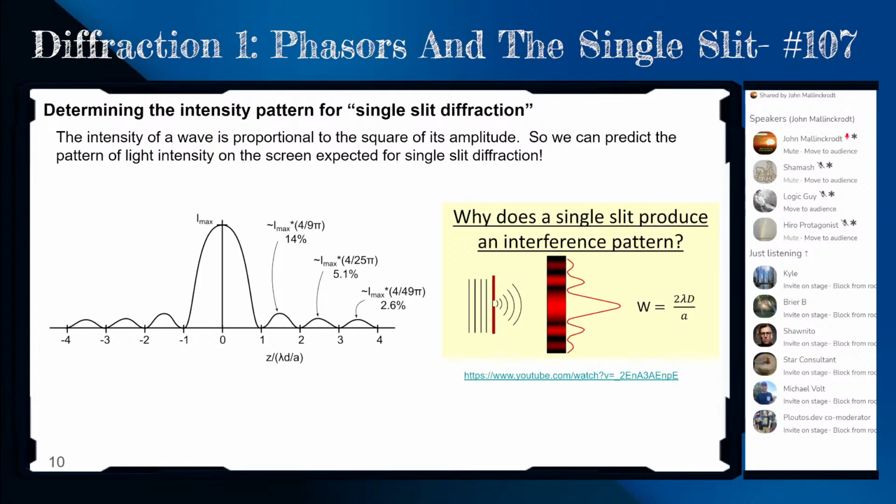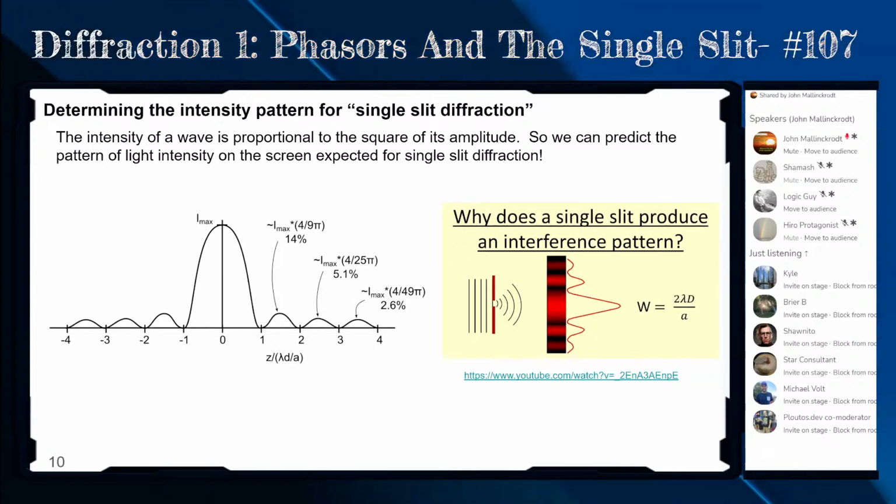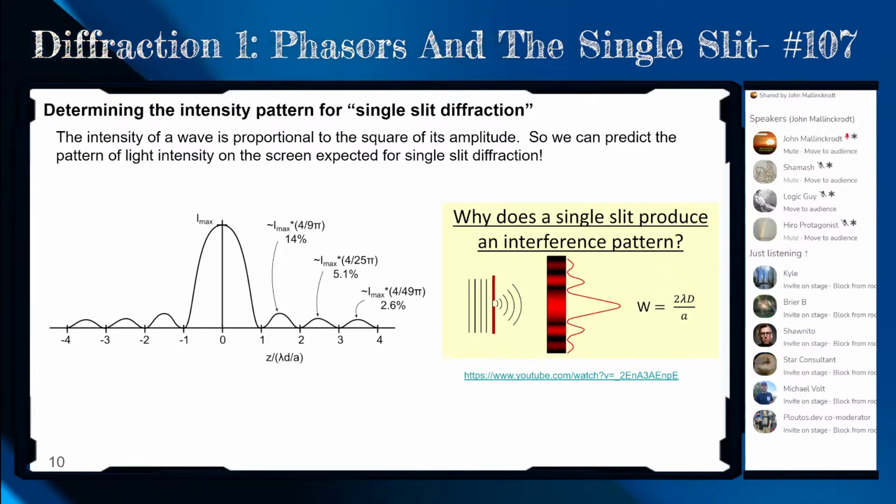The successive maxima get smaller and smaller and are separated by zeros every time z is equal to an integer multiple of lambda d over a, except at the center. One of the interesting things about this pattern is that the central maximum is both much brighter and twice as wide.